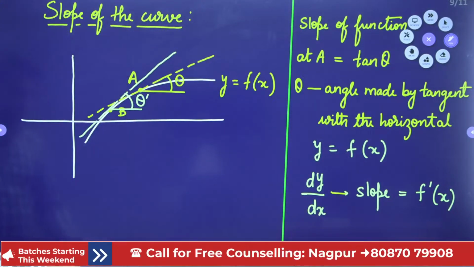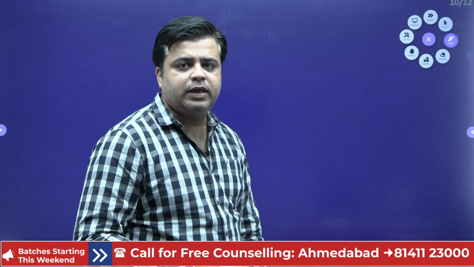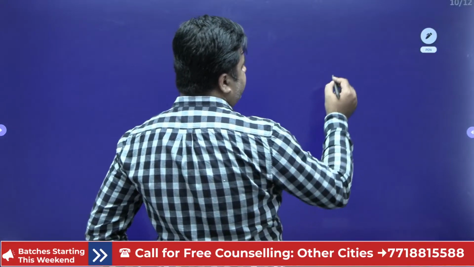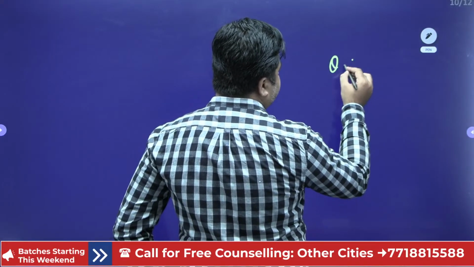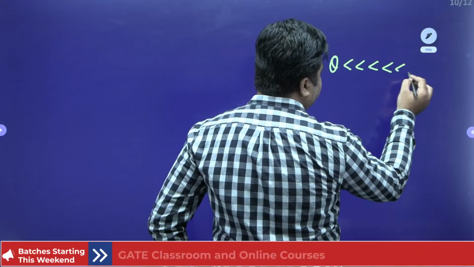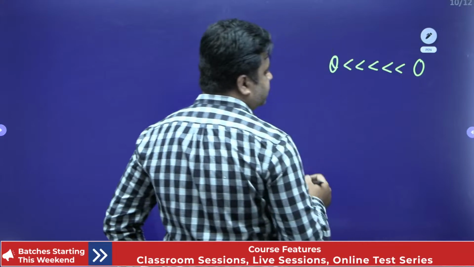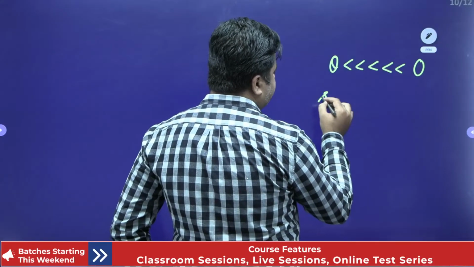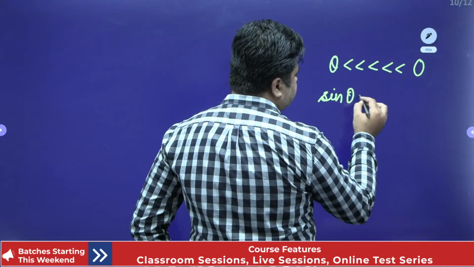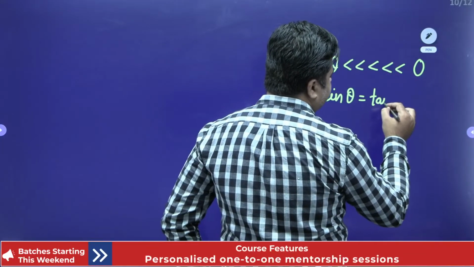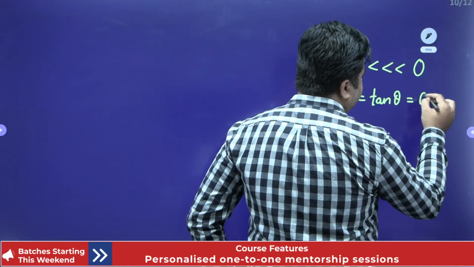Okay. Now moving to a very close point, why we have discussed all this. Actually, in most cases, we say that since theta is very small, sine theta is equal to tan theta is equal to theta.